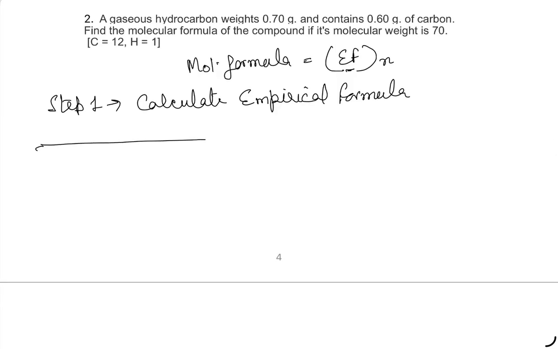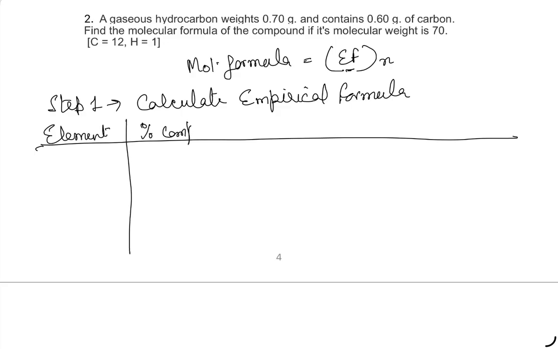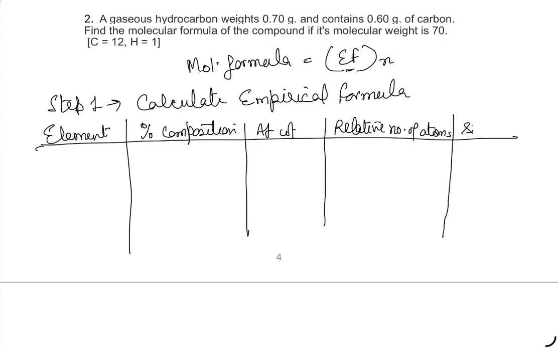I will make a column here for the element present, then percentage composition, then the atomic weight given here, then you will get the relative number of atoms, and the last column will be the simplest ratio, and you will close your table.